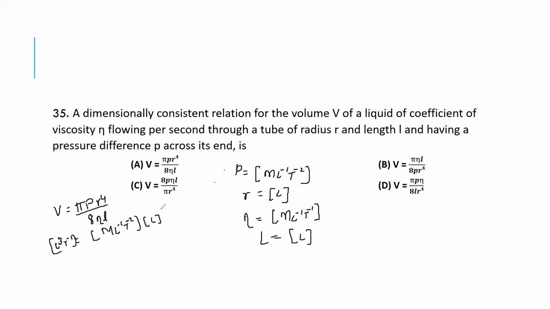Then radius is L raised to 4 divided by 8 eta. Eta is m L raised to minus 1 t raised to minus 1, and L for length. So we can simplify this. If I simplify this entire term, we will get it as L raised to 3 t raised to minus 1. So here again the RHS is equal to LHS. Therefore, option A is the right option here.